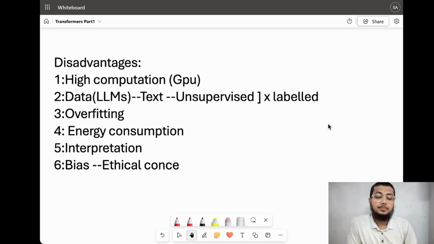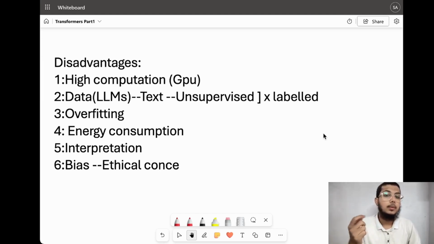The next disadvantage is interpretability. Even though the results that came out of transformers are very surprising, they surprise us, nobody honestly knows what exactly is going on inside the transformer, because it is mostly a black box model, and interpretation of the result is difficult.